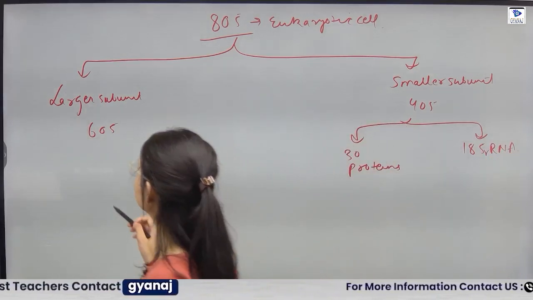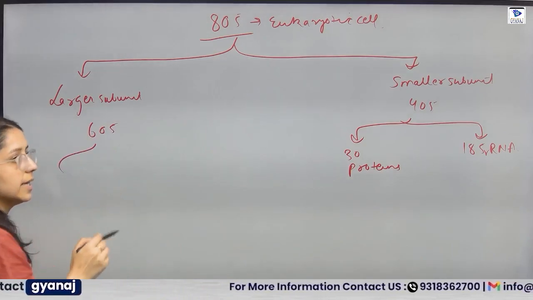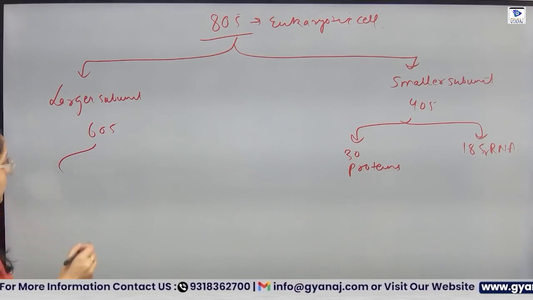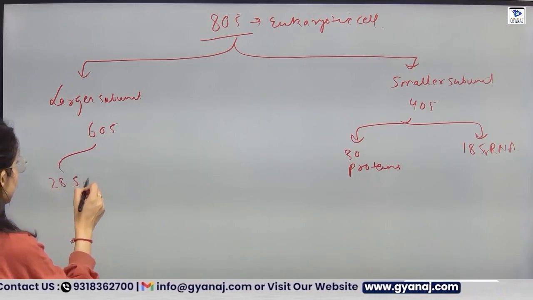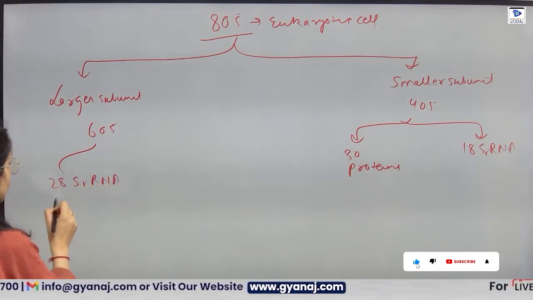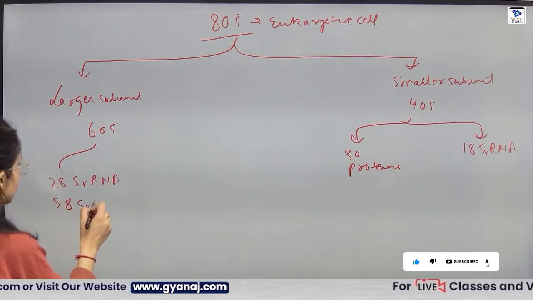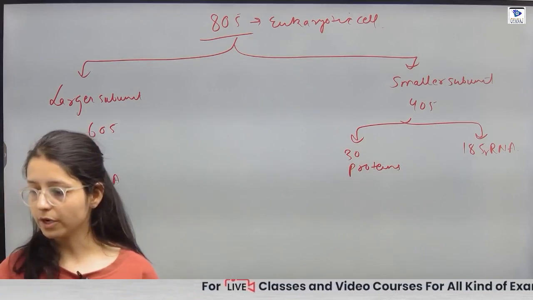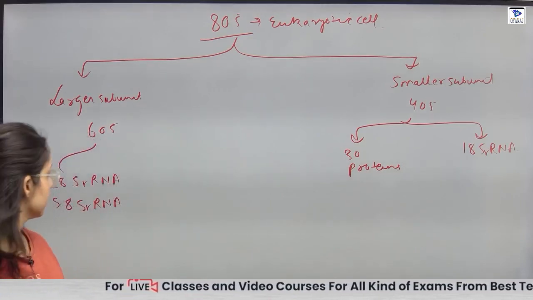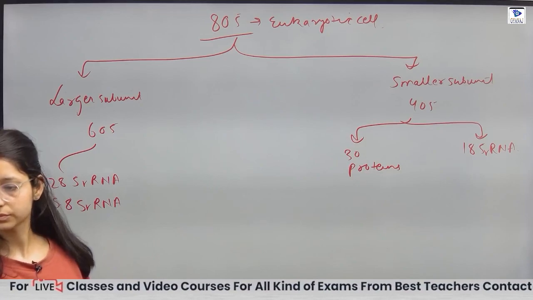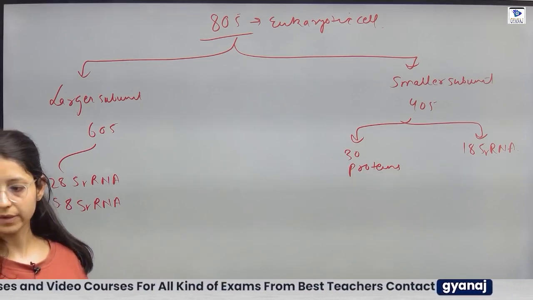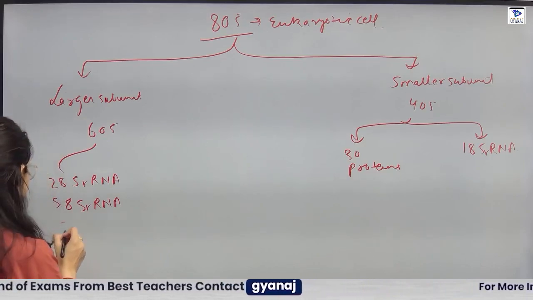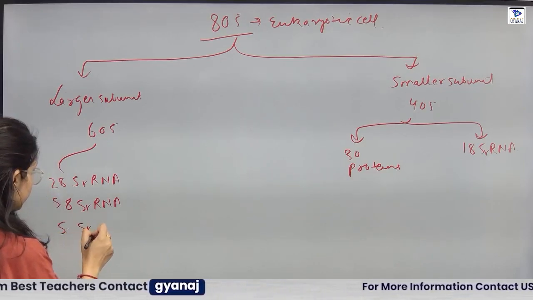The larger subunit is made up of the 28S rRNA, 5.8S rRNA, as well as the 5S RNA.